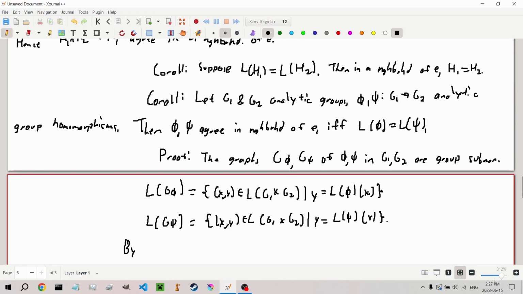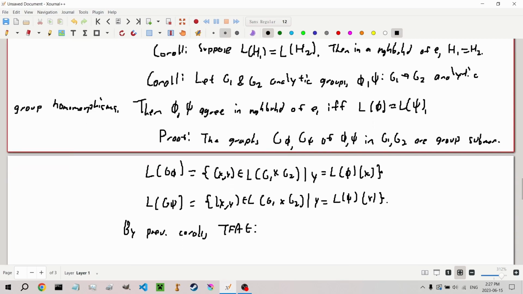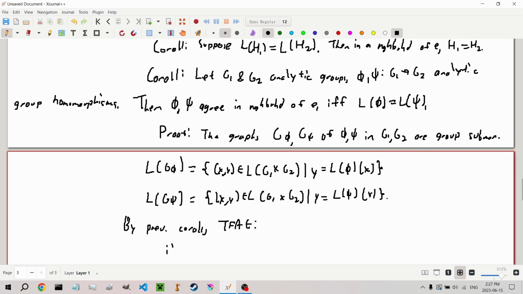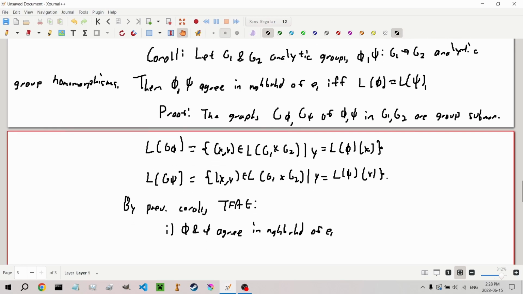So by our previous corollary, the following are equivalent. First off, phi and psi agree in a neighborhood of E1.